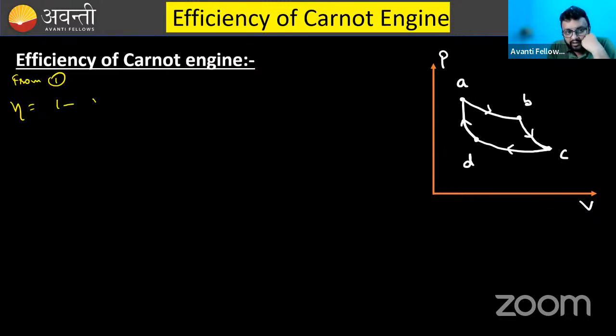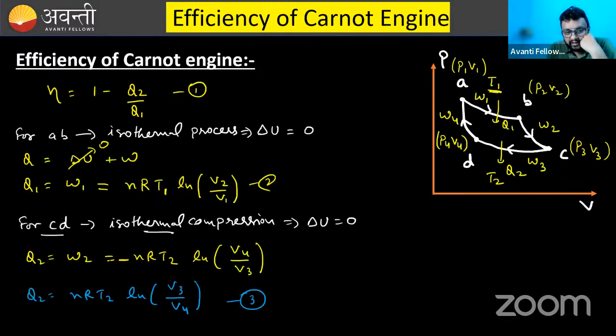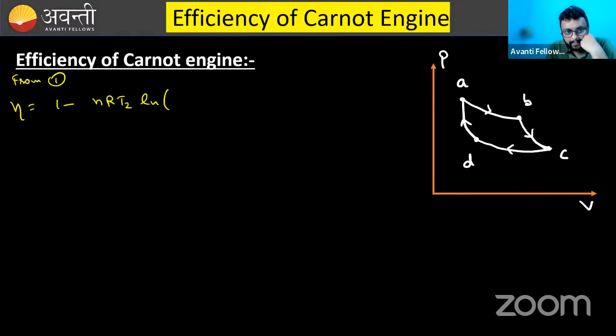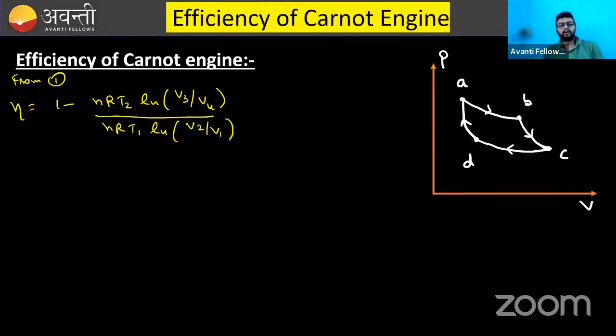Q2 is nRT2 ln V3 by V4, divided by Q1, which is nRT1 ln V2 by V1. Clear?